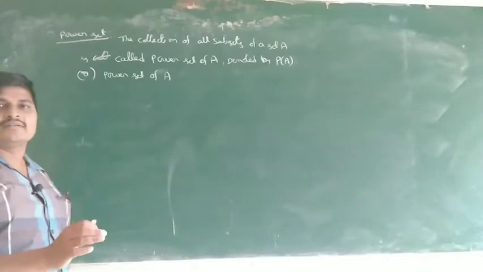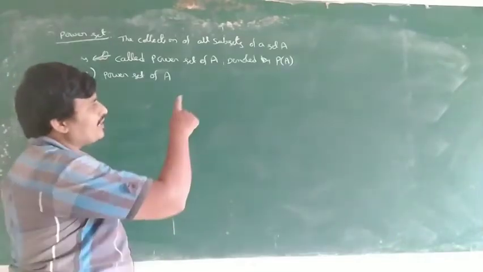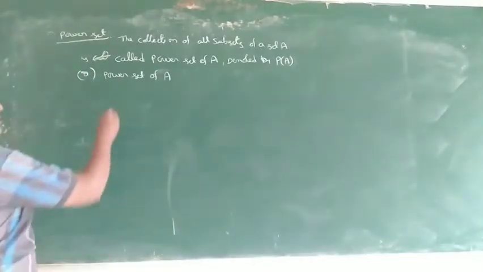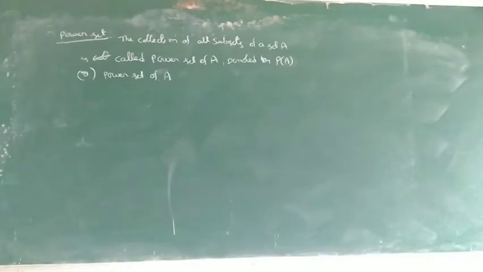The collection of all subsets of a set A is called the power set. The power set is denoted by P of A, or power set of A.